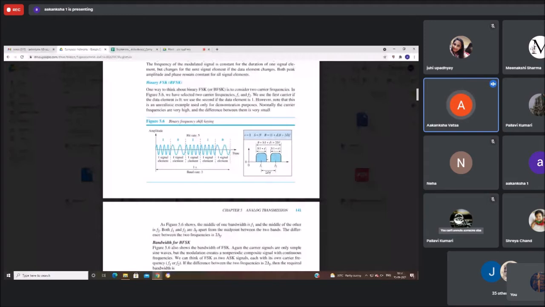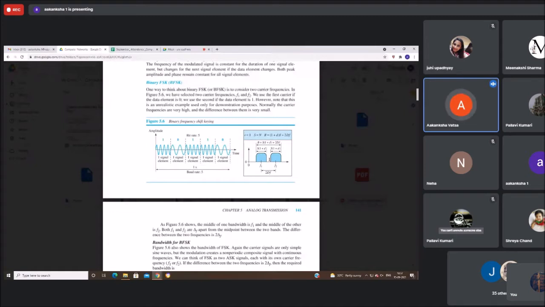So as shown in figure 5.6, the middle of one bandwidth is F1 and the middle of the other one is F2. The entire bandwidth is S times (1 plus d) plus 2 delta F. 2 delta F is the inter-domain difference. You can see here what the inter-domain difference is: in the frequency domain, there is a blue region around F1, and the white portion between the first blue region and the second blue region is the inter-domain frequency region.